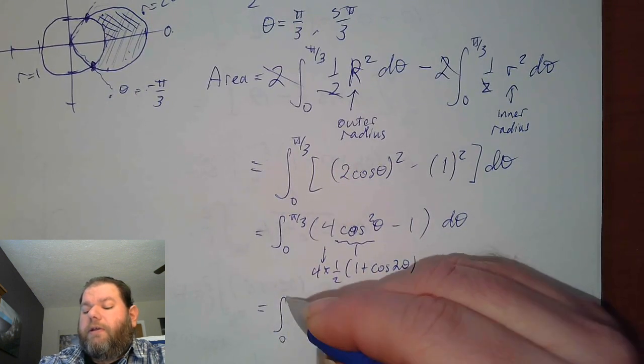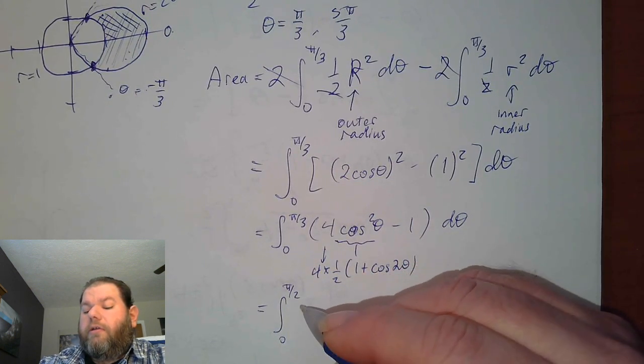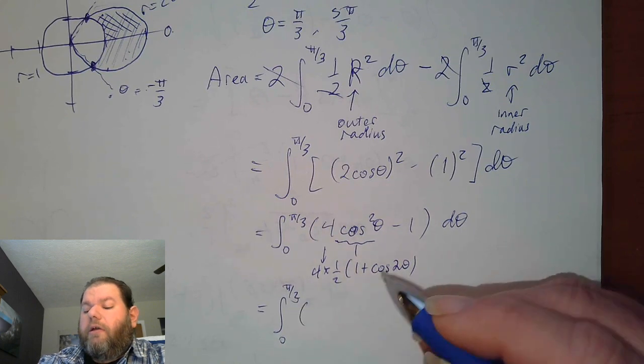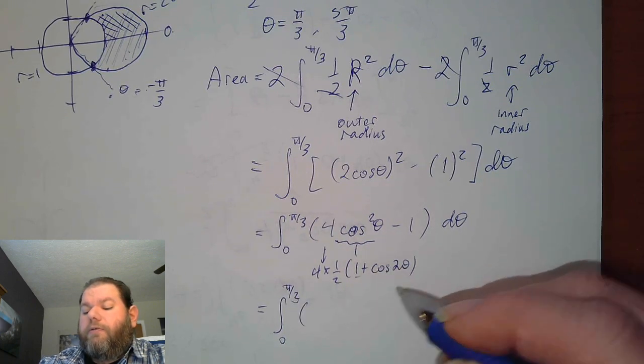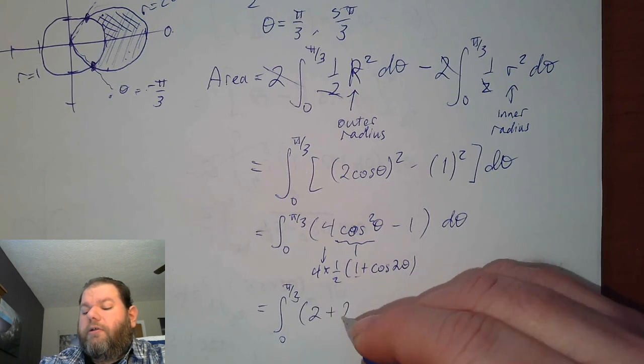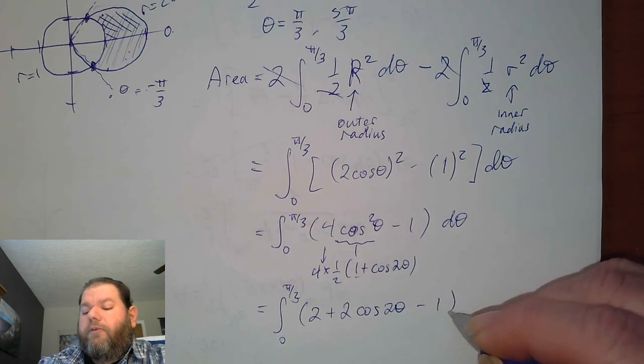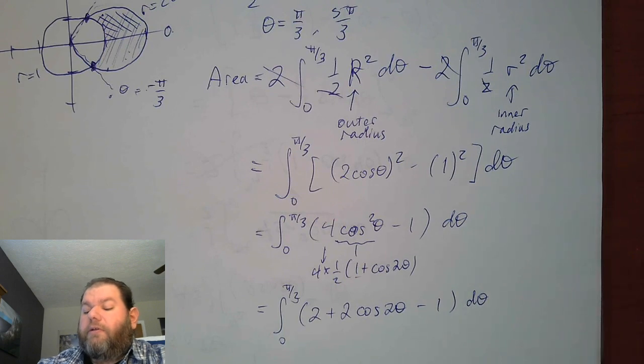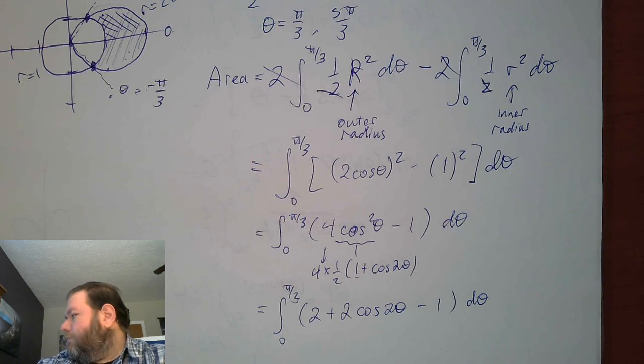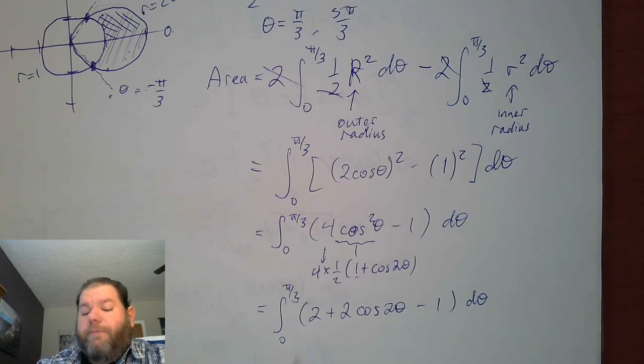So that'll be 2 plus 2 cosine 2 theta. We still have our minus 1 hanging around. And so we can combine our constants. That'll just be 1 plus 2 cosine 2 theta.